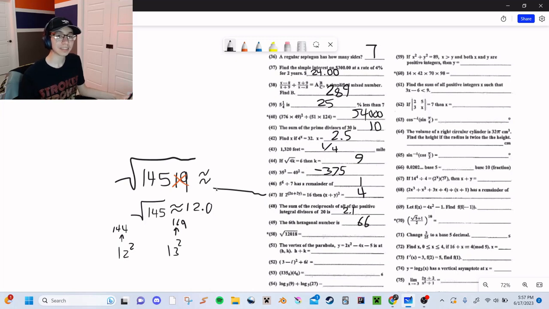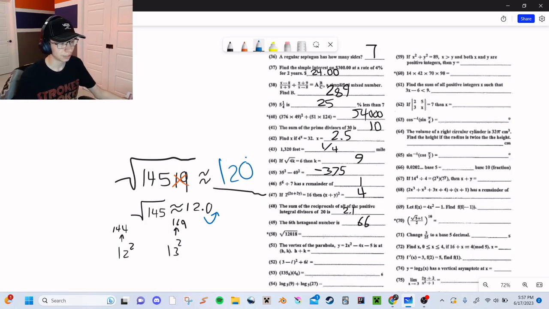Well, when I cancel out those two digits, it's like I removed a factor of 10. So I've got to put it back. So the way I do that is I'll just shift this decimal place to the right once, symbolizing multiplying by 10, and get that the square root is approximately 120.